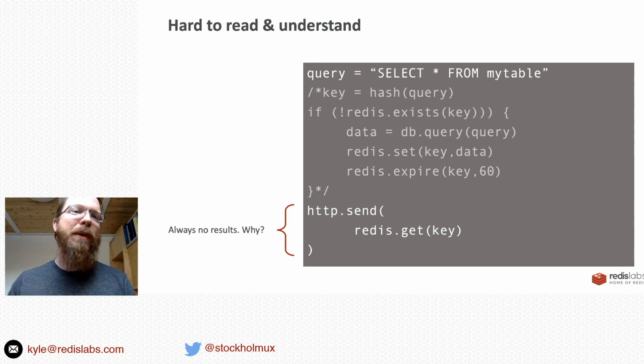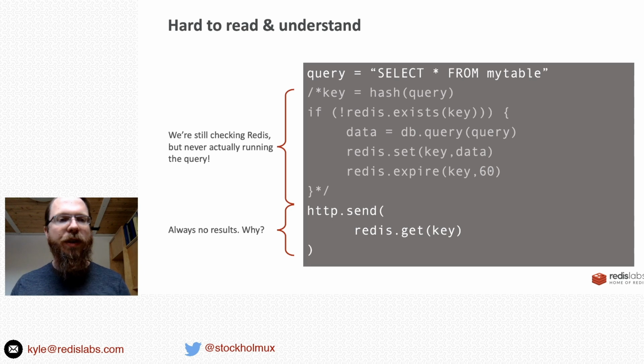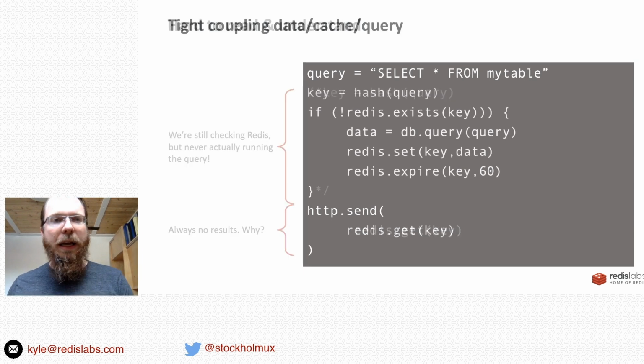What I'm doing here is maybe I had a previous iteration of the script where I have populated the cache and then I'm getting the value from it. So this is a problem. It's not going to give you the results back that you want after the key has expired from the database. So you can see here, we're still checking Redis, but we actually never set it, right? So this should not be Redis get, it should be DB query here.